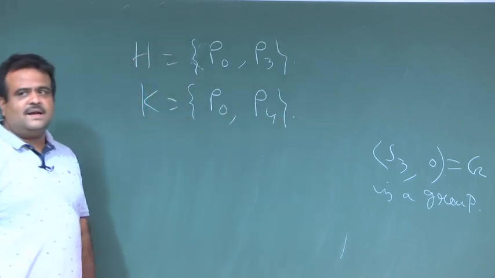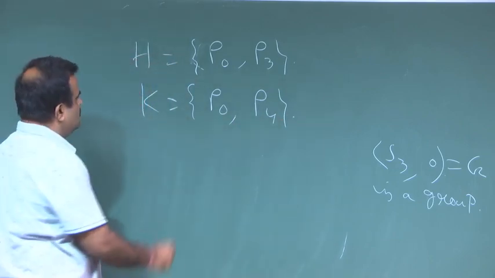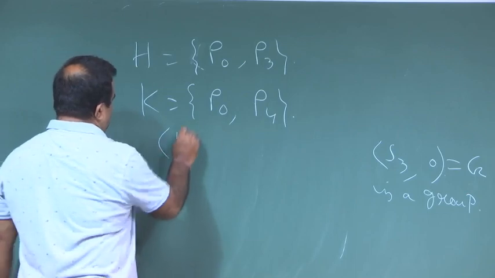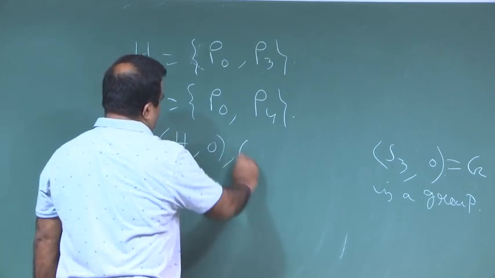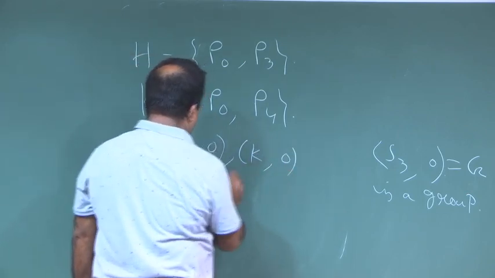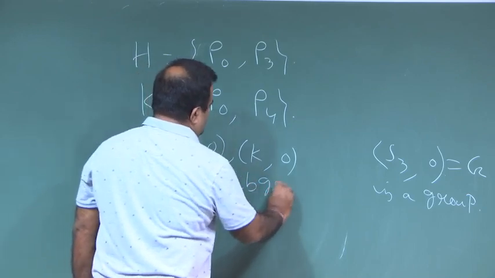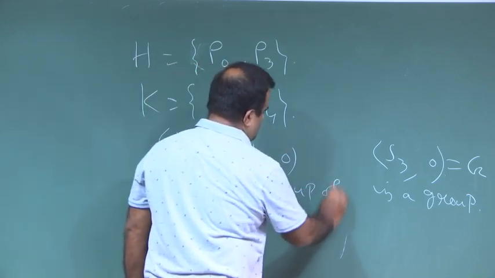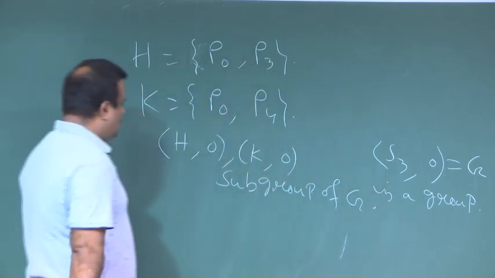Now, we can verify that these two are subgroups of G under this operation. So, we can easily verify that both of these are subgroups of G. Now, what is their product?